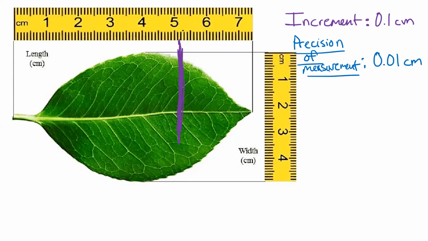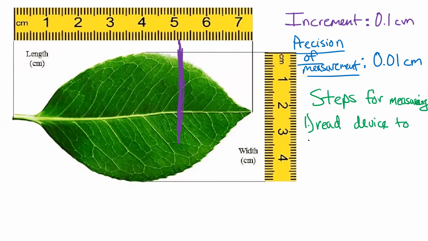Because if you look carefully here, you now have to estimate, because of the steps you go through to come up with a measured value. Let's make it measuring 1. Read the device to its smallest increment.